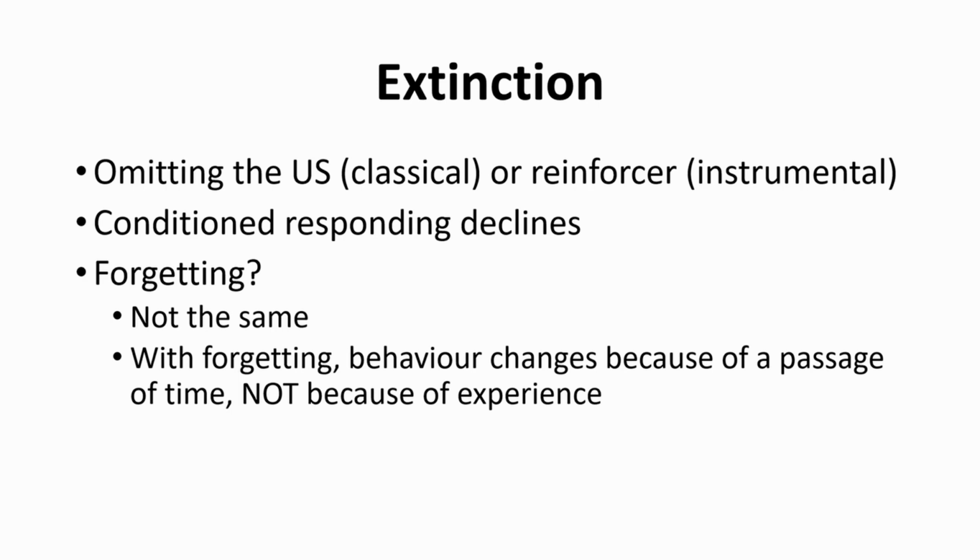But with extinction, this is occurring because of experience. This change in behavior, this change in responding, is occurring because of experience, because we're learning something new. So forgetting is more of a process over long periods of time, and it's fairly passive, whereas extinction is an active process where we are actively learning something new.